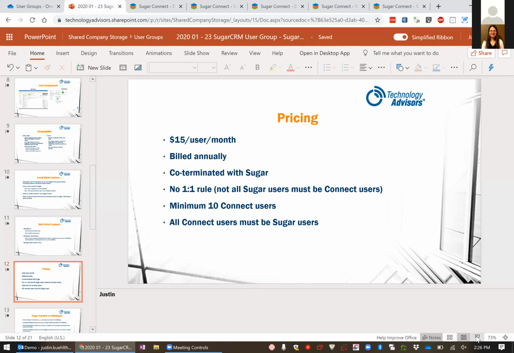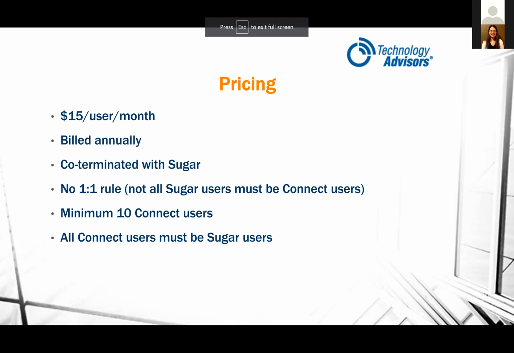With regards to pricing, the cost is $15 per user per month. It's billed annually, and the license will match your Sugar license. One thing that I think is really important to note is that you do not have to do one-to-one with your Sugar licenses.